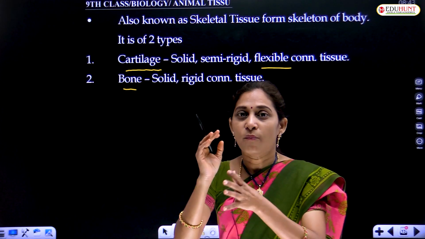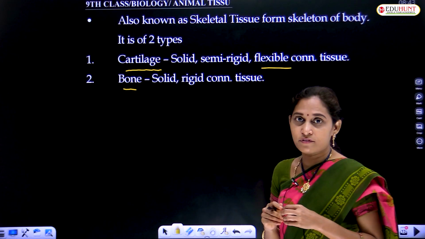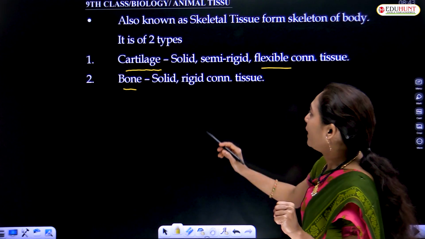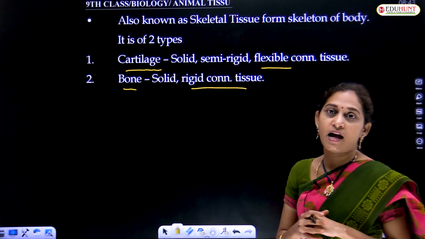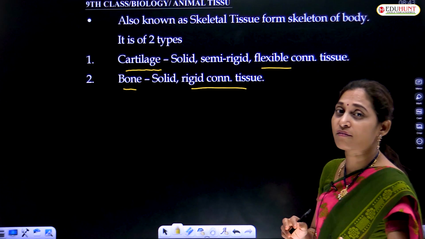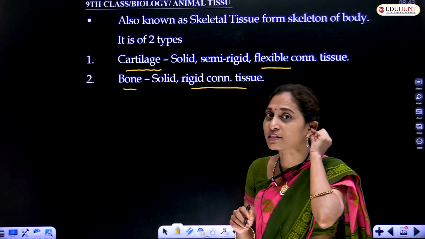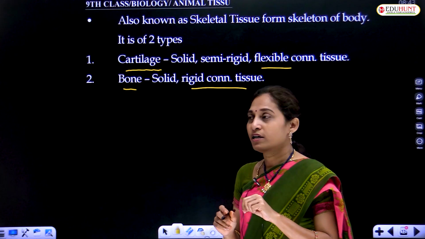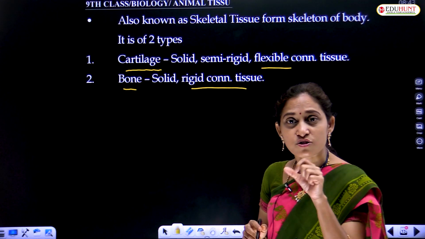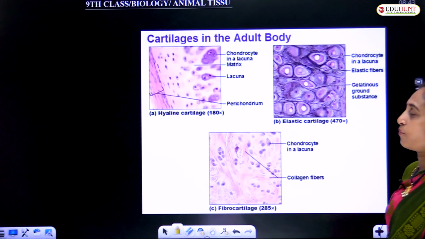So bone is second type of skeletal connective tissue forms the bone. It is very rigid and solid. It is not elastic or it is not flexible as we have seen in case of cartilage. ఇలా ఊగుతుంది కదా, it is flexible, it is soft. Whereas bone is, it is solid and rigid connective tissue.